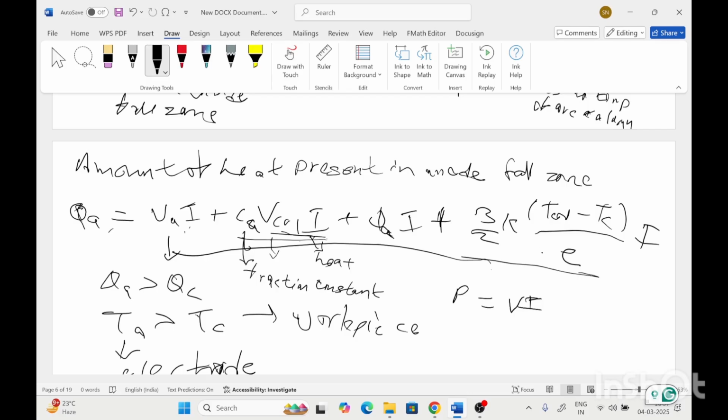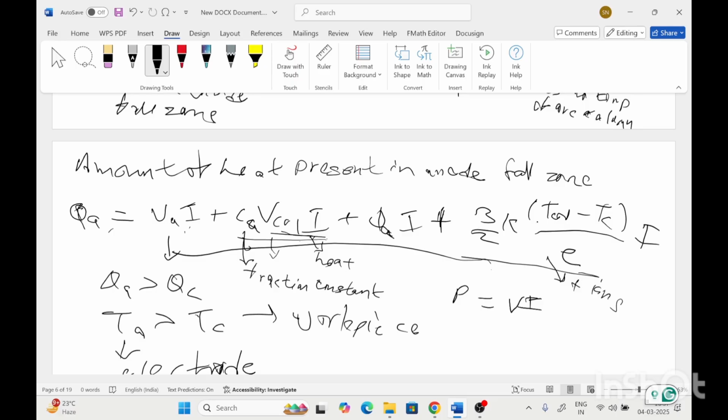And the next term is the heat required to increase the temperature of the ions at the anode. Here it will be positive ions, and positive ions will also travel.